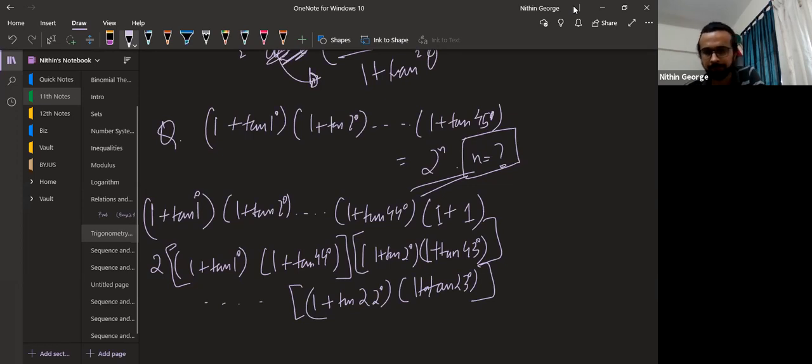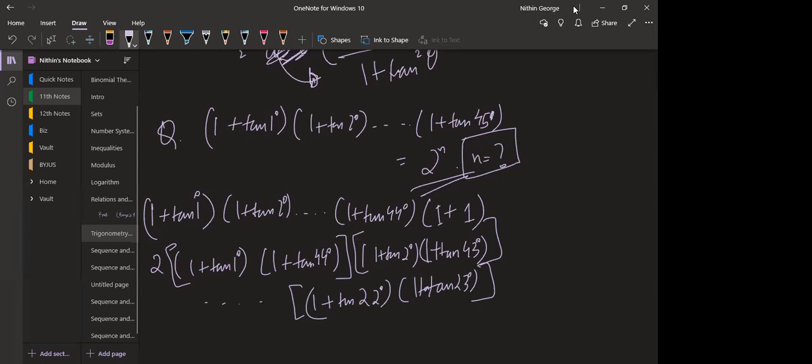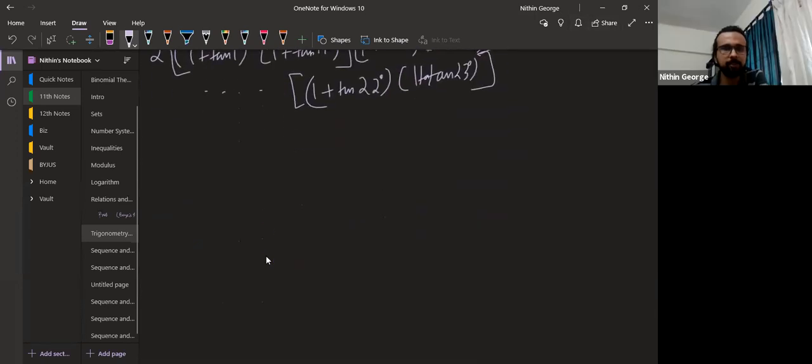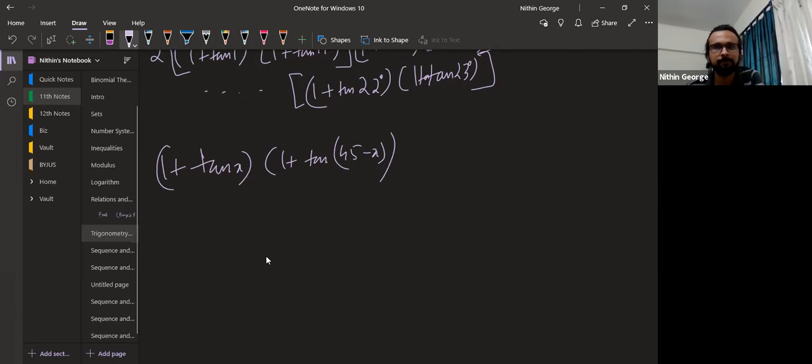Any doubts here? No, sir. Okay. Now I see that each of these is in the form of 1 plus tan x into 1 plus tan 45 minus x, right? 1 plus tan x, I'll keep it as it is. 1 plus, what is tan 45 minus x?